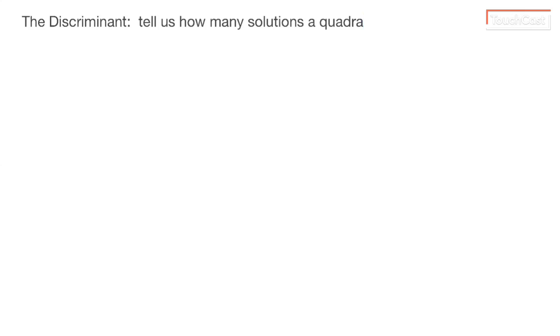So now there's another topic we were going to talk about in this lesson, and that is the discriminant. Now the discriminant just tells us how many solutions a quadratic equation is going to have.